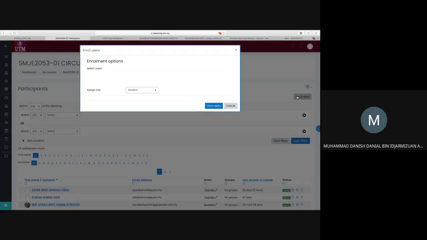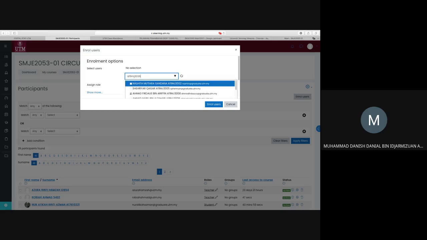Search for my code A19 MJ. It is case sensitive.